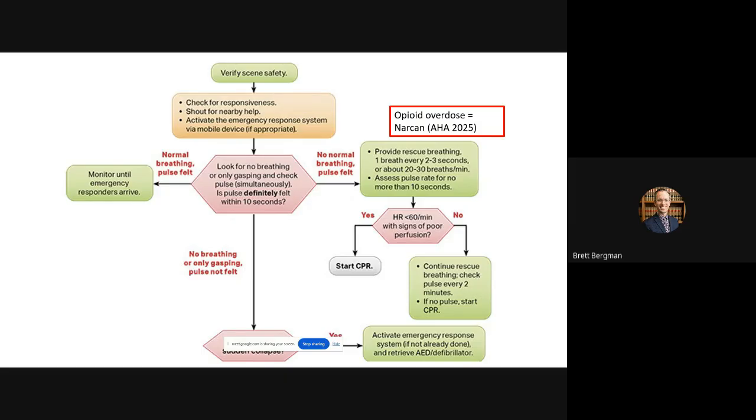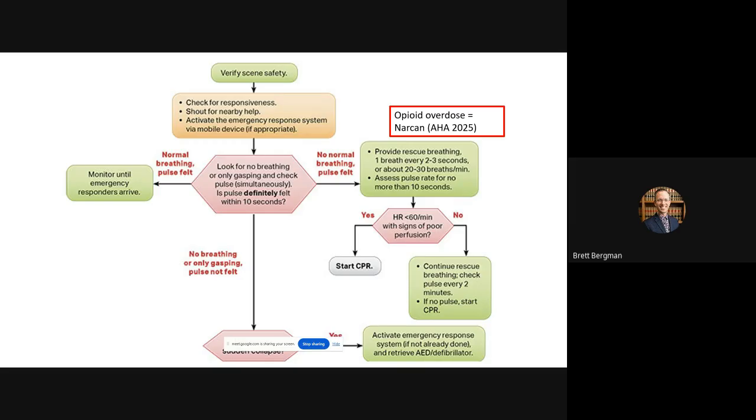However, if their skin signs are very poor, so they have ashen skin, they are cyanotic, if they don't look like they are doing well, even though you have started doing the rescue breaths and you have optimized their airway, if their heart rate is less than 60 per minute, you will actually start CPR if they have poor perfusion, because their heart rate is just not sufficient to actually be adequately perfusing their body.